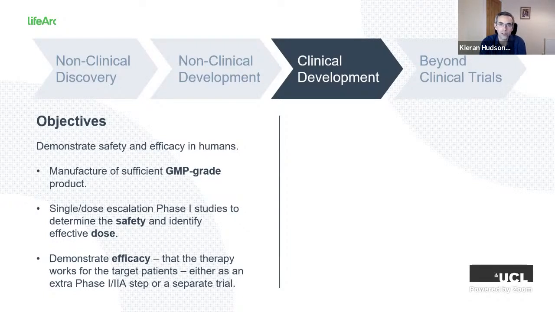What is traditionally classified as a phase 1 study, in terms of determining just the safety of your product and identifying the effective dose through single or dose escalation studies, and then demonstrating the efficacy, which would be more like a phase 2A type study. This is again a difference for advanced therapies versus the more traditional small molecule or biologics model.